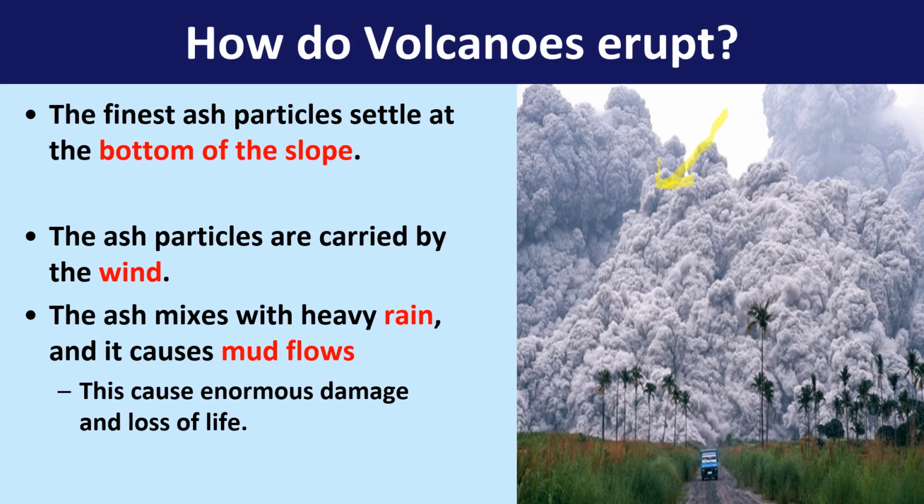You need to do a serious filtration process to get fresh water. The ash will then mix with heavy rain, and it can also cause mudslides and mud flows. This can cause enormous damage to not only the human world, but also biotic and abiotic factors of an ecosystem.